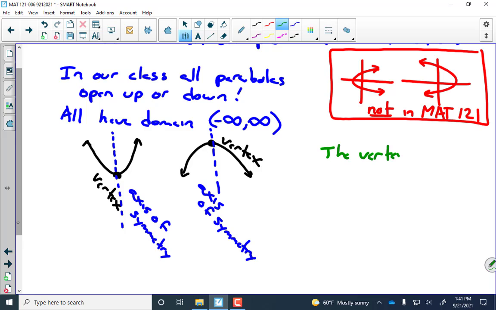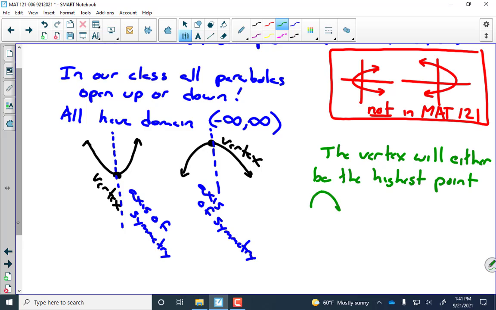the vertex will either be the highest point, so you might have a vertex that's the highest point, or the lowest point. Now that makes sense.